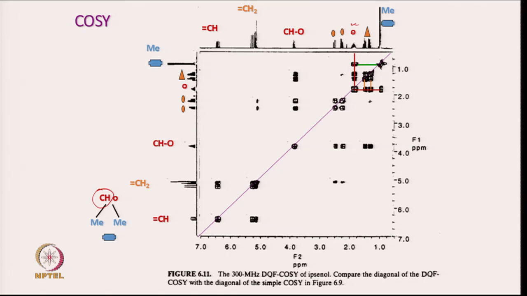This red circle is now correlated to these peaks, and that corresponds to this triangle. If you look at the structure, this CH is attached to this CH2, and we know that this CH2 corresponds to this triangle. So now this CH2 is also assigned.